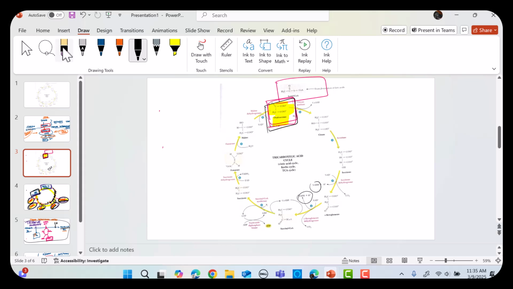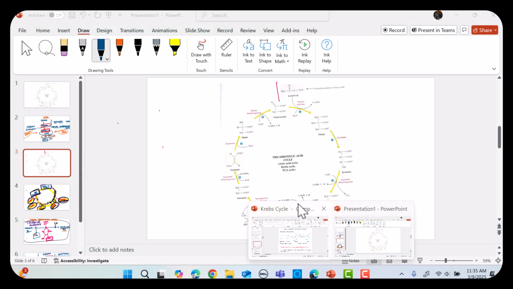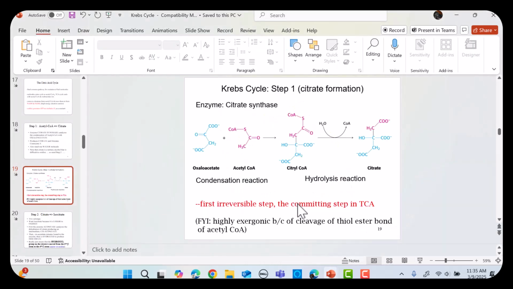Okay, I'm going to recycle this diagram, just erase some stuff on it, since I didn't write too much on it. And we will hit the Krebs cycle. So my first reaction, I'm going to start out with that acetyl-CoA, and this is my committing step. I'm going to condense it with oxaloacetate, and I'm going to hydrolyze it.